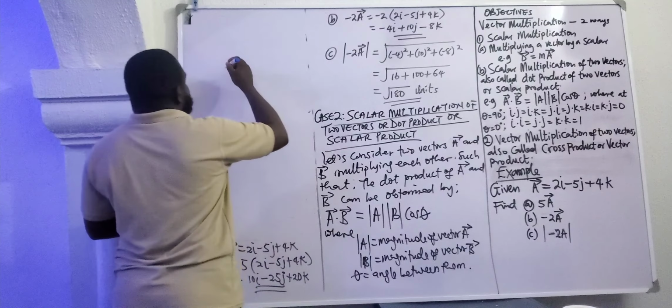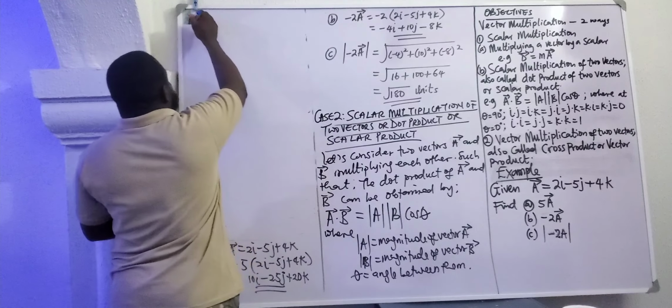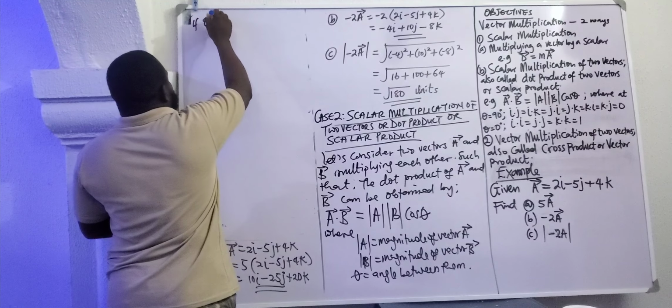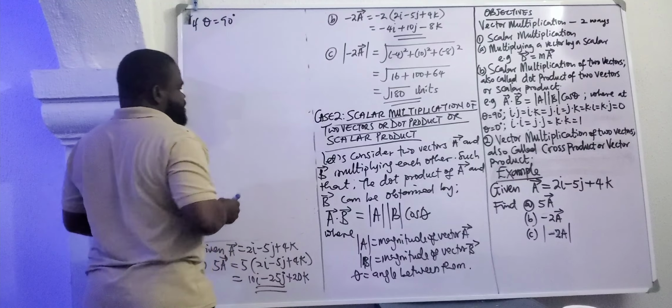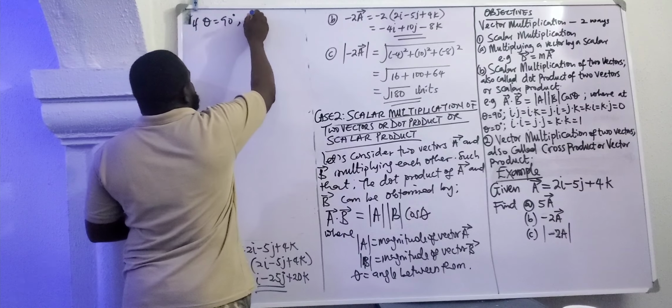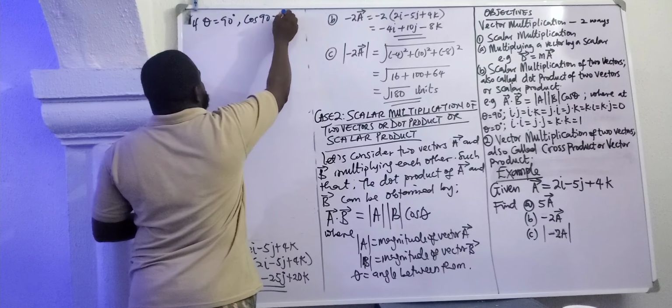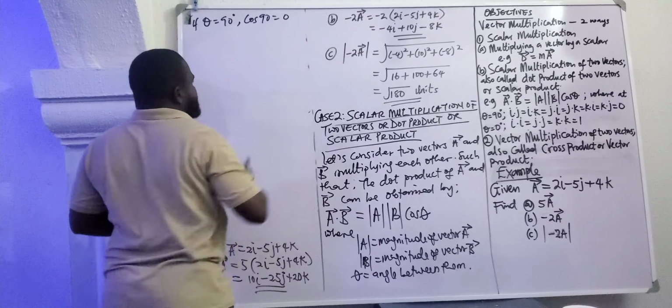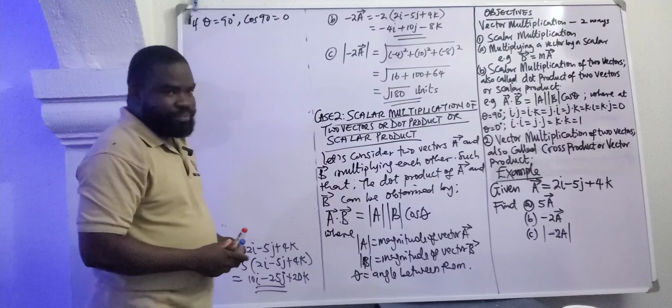Let's establish something. If the angle theta is 90 degrees, cos 90 will give you 0, which means that the two vectors are perpendicular to each other, are mutually perpendicular. What does that mean?